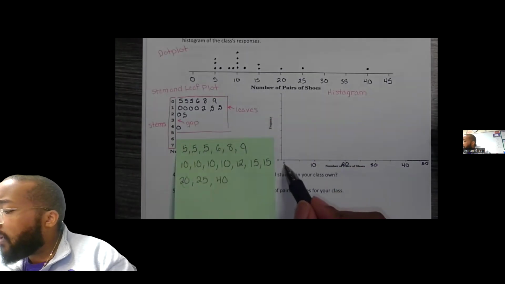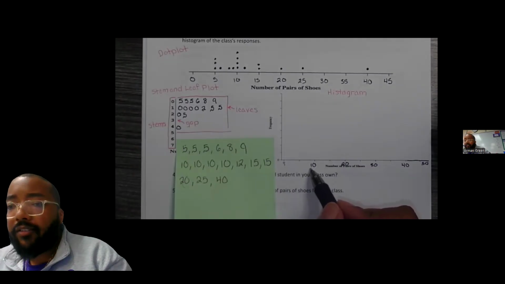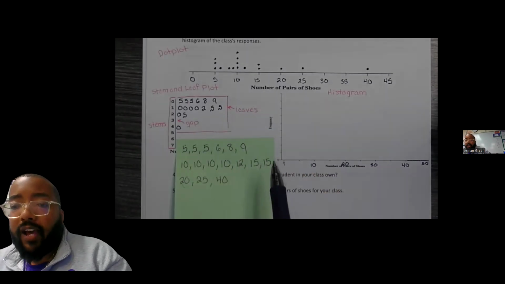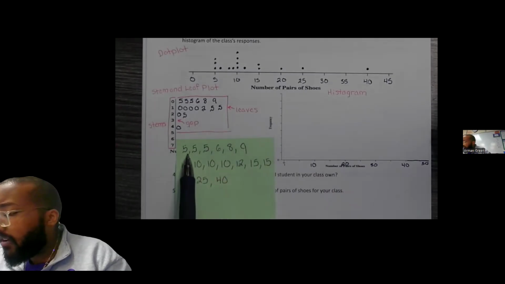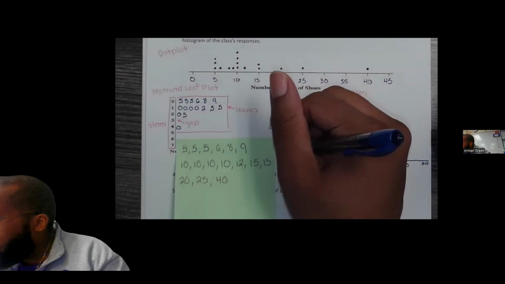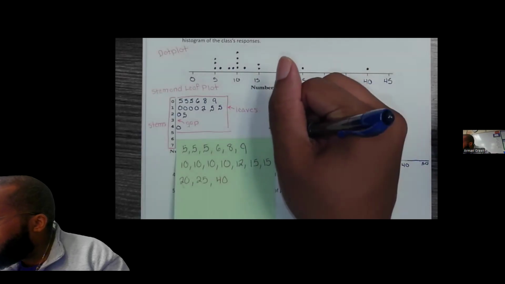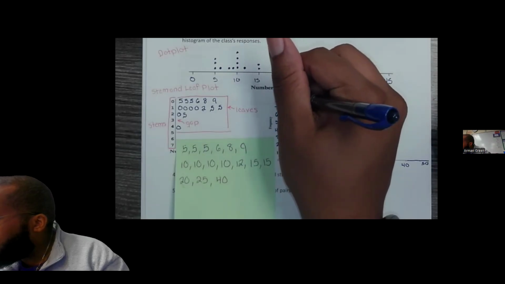So if I'm trying to look at 0 up to 10, I'm trying to figure out how many dots or how many points of data we have from 0 to 10. So less than 10. So if I count these out, I have 1, 2, 3, 4, 5, 6. So I'm going to create a bar here, and I should label this too. We're just going by ones here.